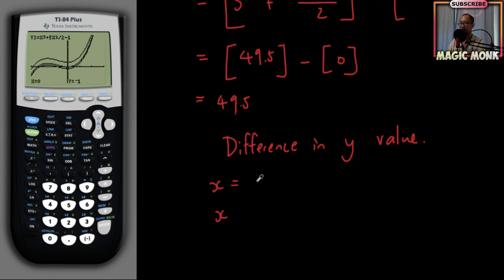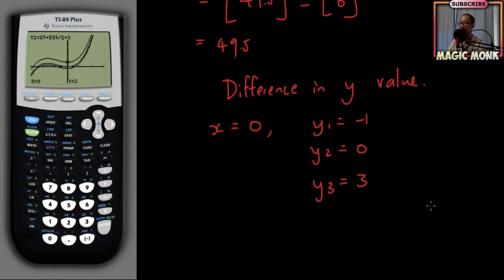When x is 0, there are 3 equations. So we got y is -1, and then we got y is 0, and we have y is 3.